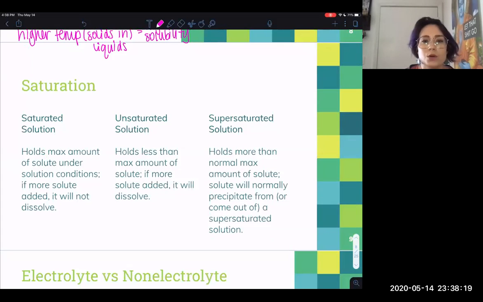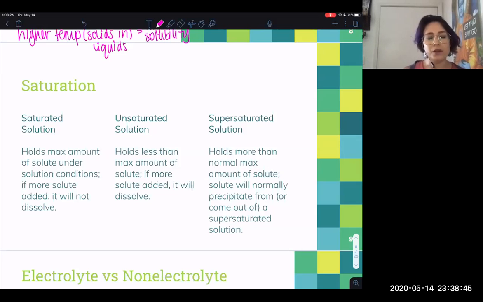So we can talk about solubility in solutions in terms of saturation. If you've done any work in photography on the computer, you've probably noticed a button called color saturation. If you have something at high color saturation, that means there's a lot of color, a lot of pigment in that area. Fully saturated means as much as you can hold.